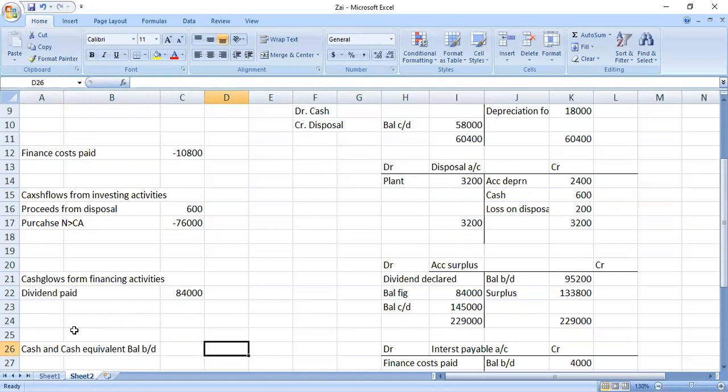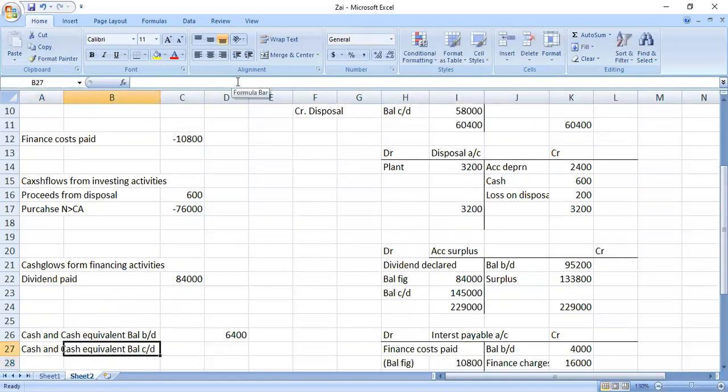So opening balance is given as 6,400. Then the closing balance comes here, the last line. This case was given as 9,000. So you bring them there. Don't be shy to bring them there.